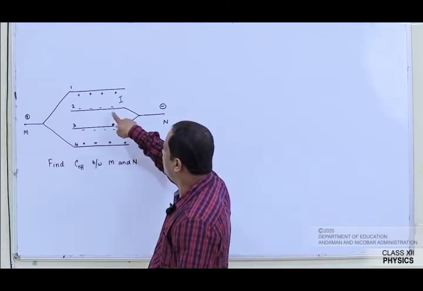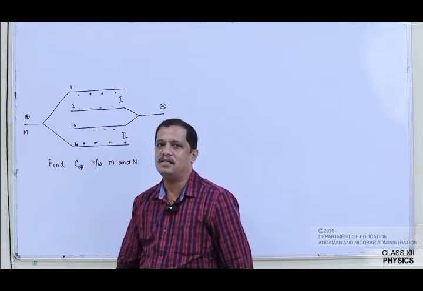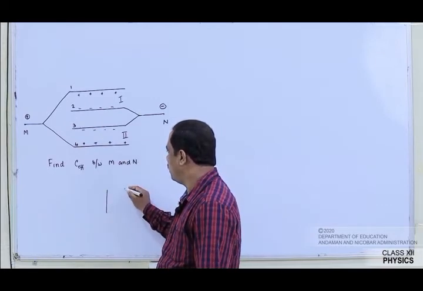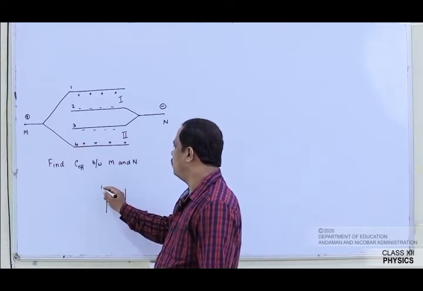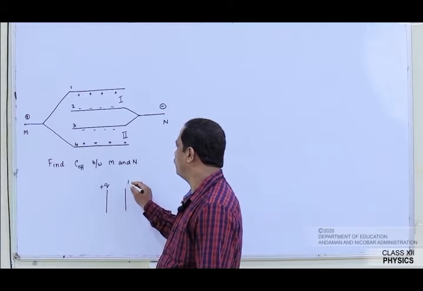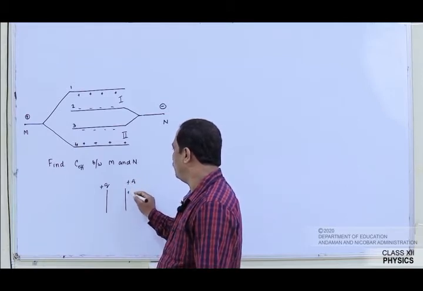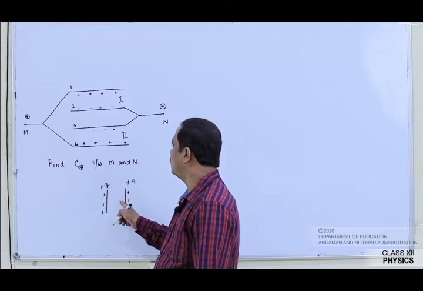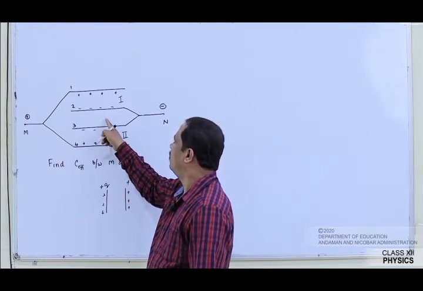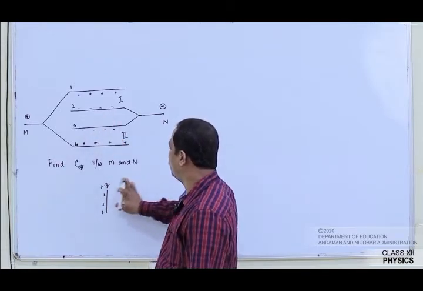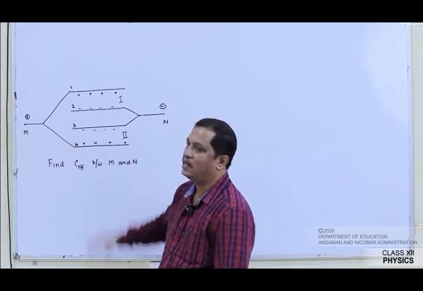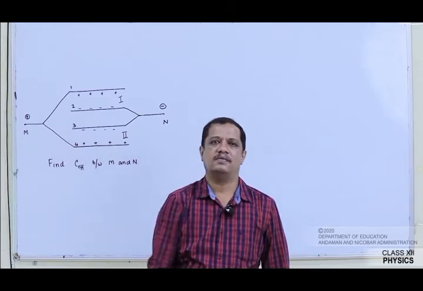These two plates are similarly charged, and remember I said that if two equal charges were given, then all the charges were distributed on the outside surface. There was no charge on the inside surface, so there is no charge here. So this is not going to constitute any capacitor. So in this arrangement of plates I have only 2 capacitors.